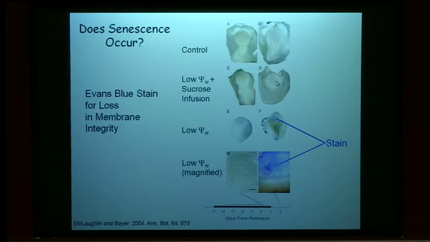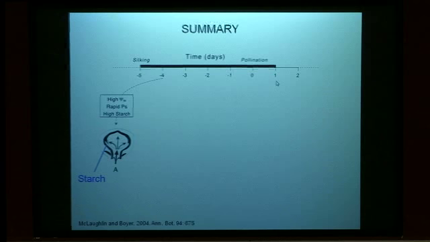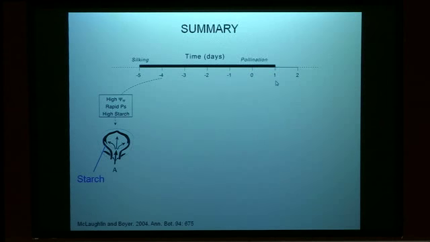in this particular system. In summary, then, the way we're thinking of ovary abortion in these florets is that at high water potential, there's high photosynthesis, normal photosynthesis, and there's starch present in the ovary structure itself.